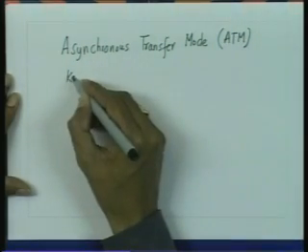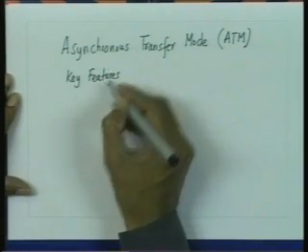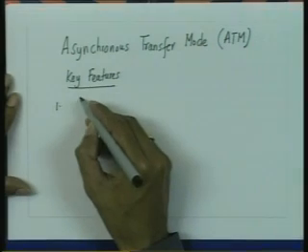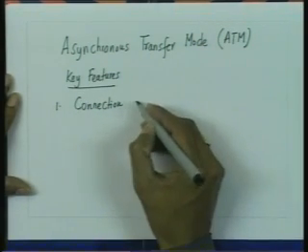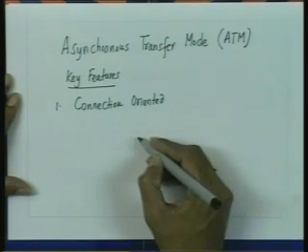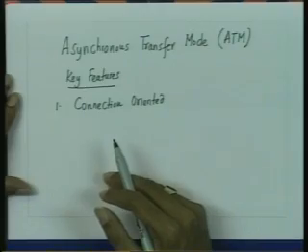So, what are the key features that we have just studied? So, we say that it is a connection oriented network. By connection oriented, we mean that a connection must first be established between the source and the destination. Then it is virtual circuit switching.